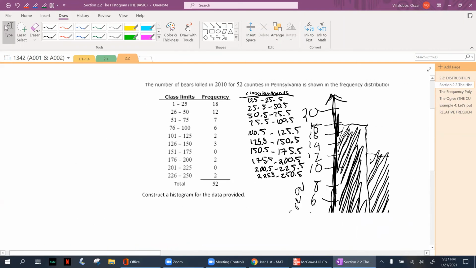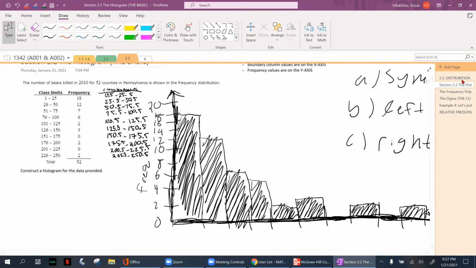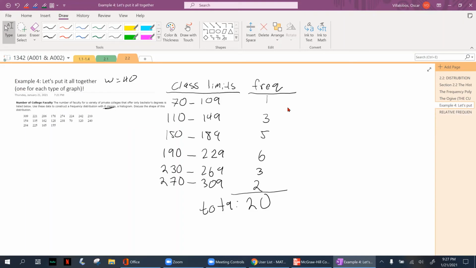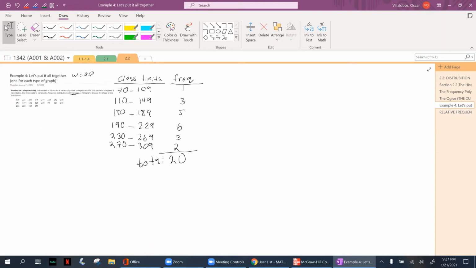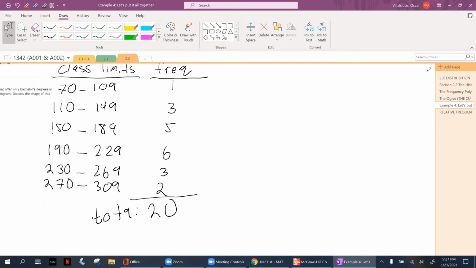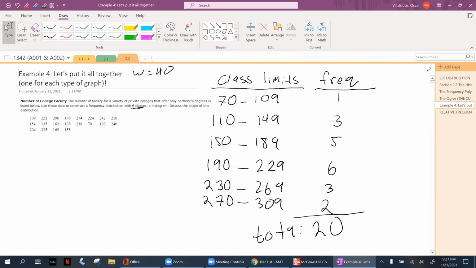We did all the work for a problem like that, not this one, that one right there. And of course, what I would do next would be find my class boundaries. Let's go ahead and do that.